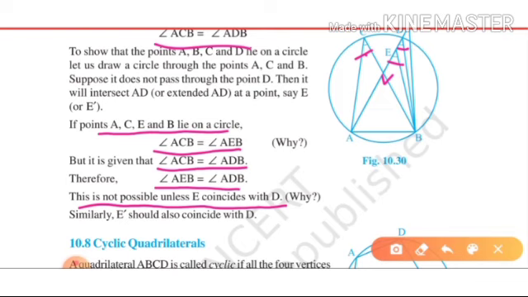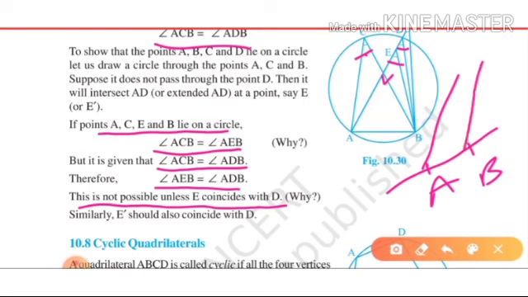We cannot have the same angle within a line. So if you take this A and B, and if you join from the same point, you will not have the same angle.